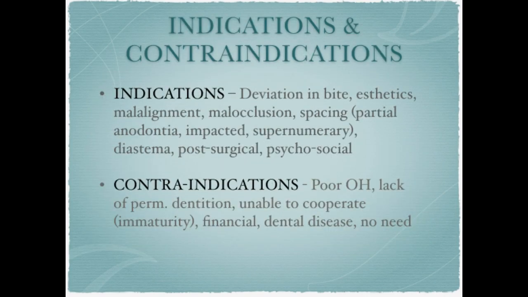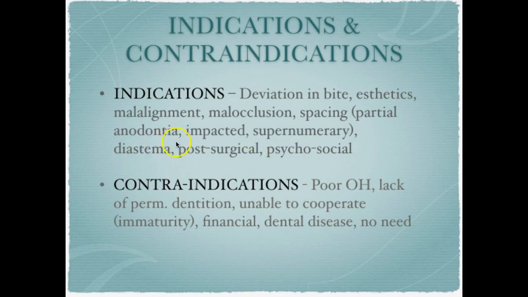Indications and contraindications for orthodontic treatment. Indications include deviation in bite, aesthetics, malalignment of the dentition, malocclusion of the dental arches, spacing due to partial anodontia, impacted teeth or supernumerary teeth, diastema or diastemas, post-surgical and psychosocial.